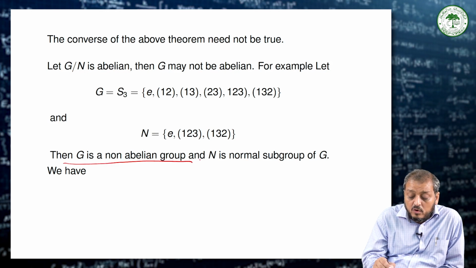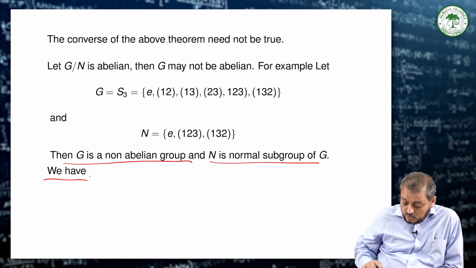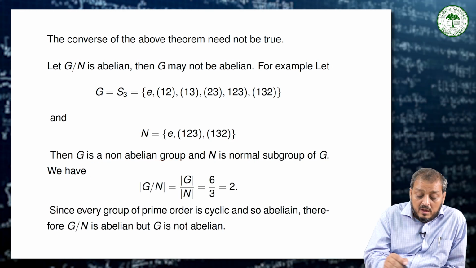G is a non-abelian group, N is a normal subgroup of G, so we have to write it into this form.